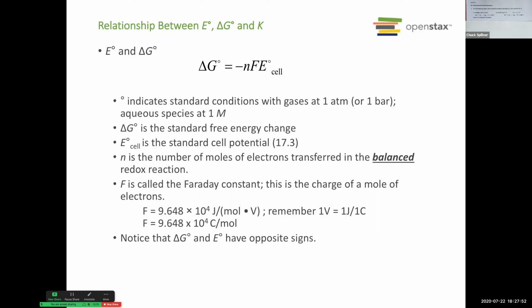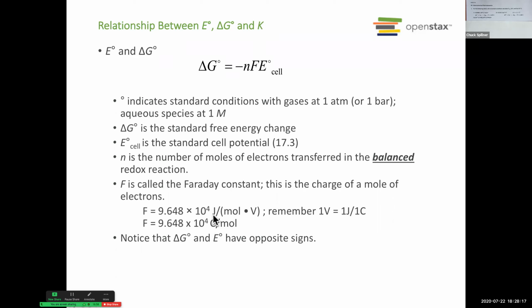F is the Faraday constant, and that's a constant used to convert to coulombs of charge. It's coulombs of charge per mole. And when you multiply it times the moles of electrons, you get coulombs of charge.